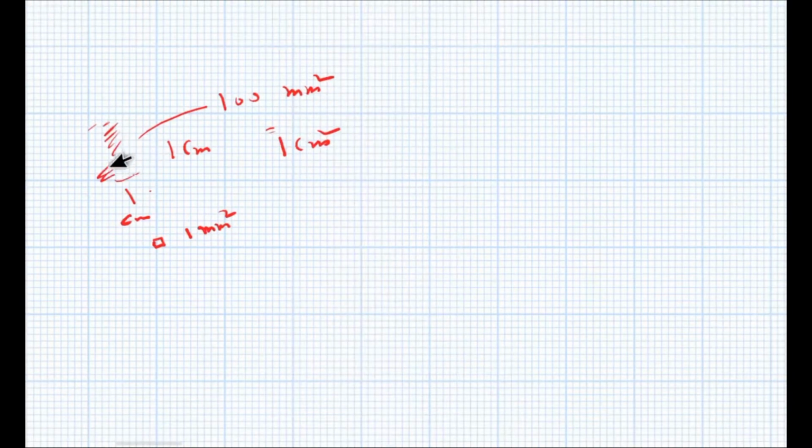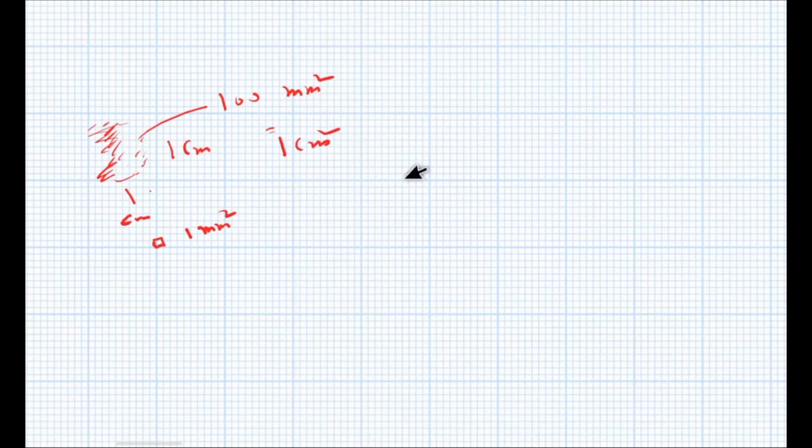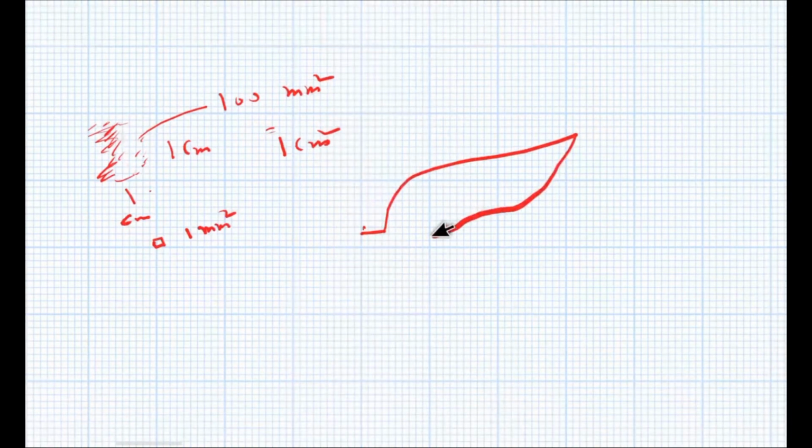This is area. If you want to measure your leaf area, how can you find it? Put your leaf here and you can count the small blocks. 1, 2, 3, 4, 5, up to 25.